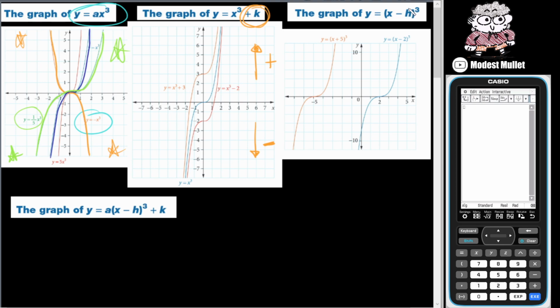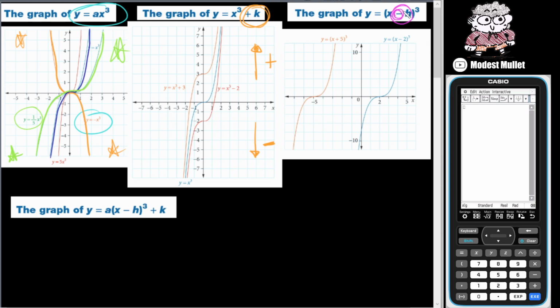We can also put a minus h within the cube. In essence, we're taking away h directly from x before any other operations are done to it, and in that case it creates a horizontal translation. In this case, we have to be careful with what notation we use. We need to note that there's a negative sign here in front of the h.